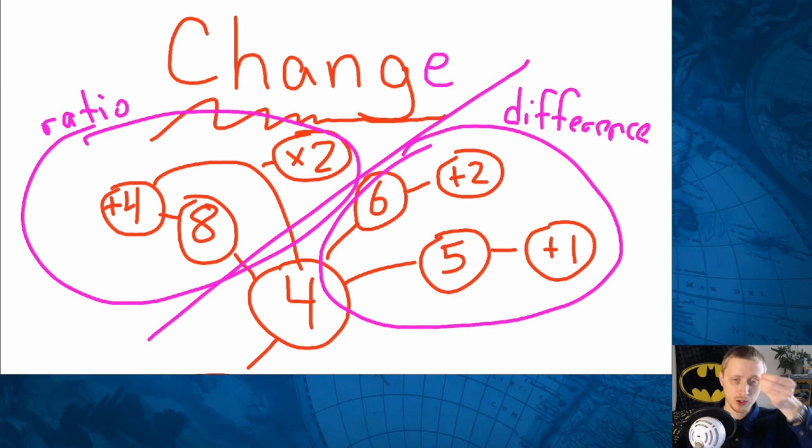What I want you to work on is to create the ratio habit. I do not want to see plus 4. When I say go from 4 to 8, your instinct, try to get to this point, should be multiply by 2.